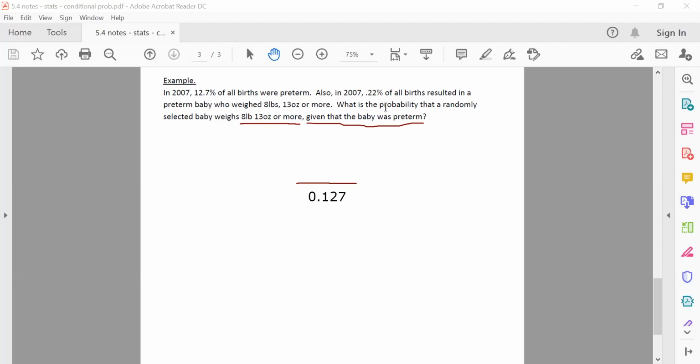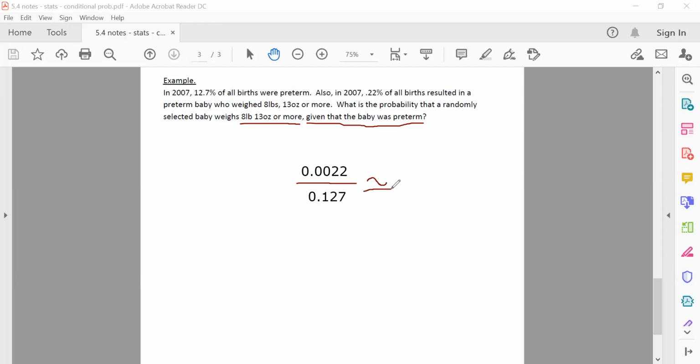So we want the probability that a randomly selected baby weighs 8 pounds 13 ounces or more, given that they're preterm. So this top number needs to be the percent of babies that were both these things, preterm and 8 pounds 13 ounces or more, which is this 0.22%, which means we need to express that as a decimal. So it's going to be 0.0022. And then we'll actually do this calculation.